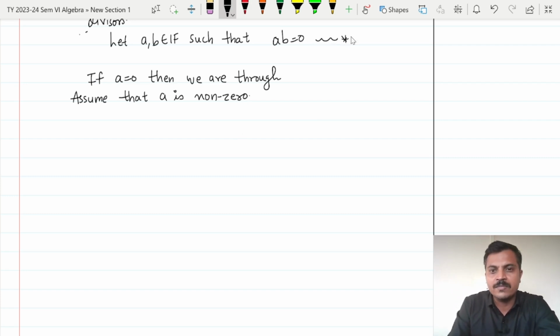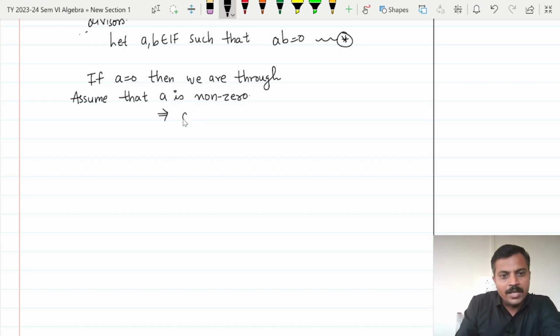Let us call it star. Now since A is non-zero, and F is a field, right? And according to the definition of a field, every non-zero element is a unit, right? So this will imply A is a unit in F. What is the meaning of it?